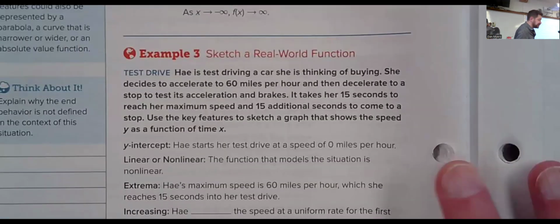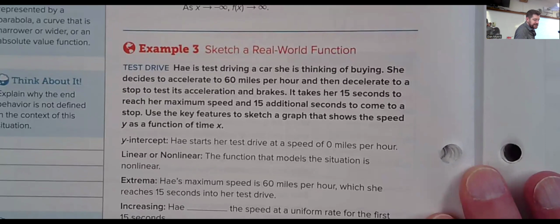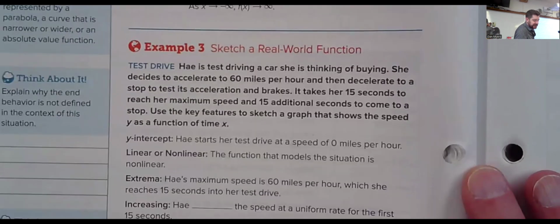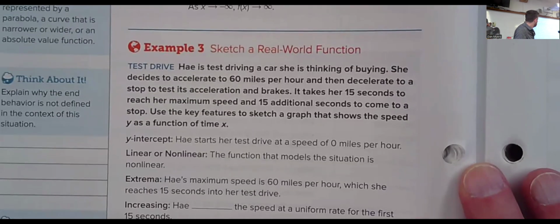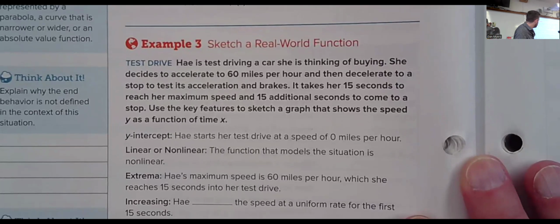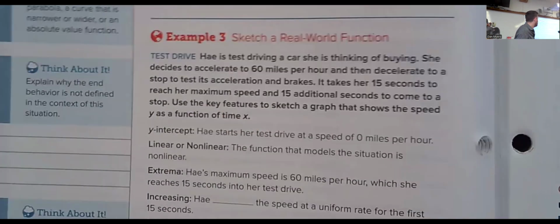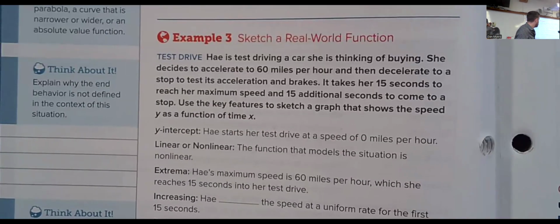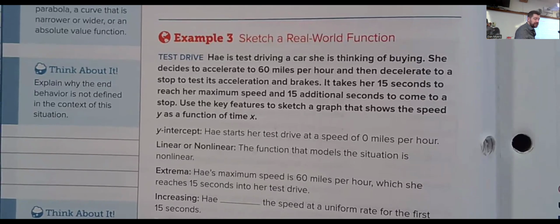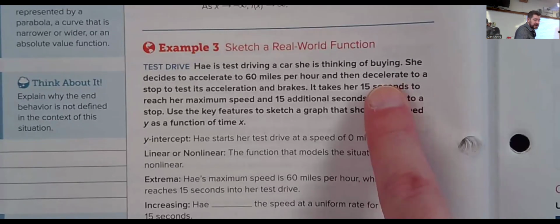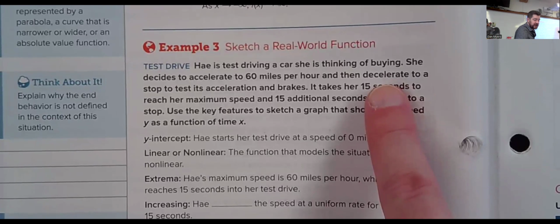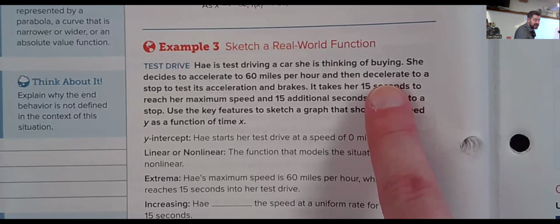Example 3. Sketching a real-world function. This right here, in terms of a scenario, you've probably done similar stuff to this in the past, probably in pre-algebra. We're going to be a little bit more detailed with it, but let's see what we got here. It looks like Hay is test driving a car that she's thinking of buying.